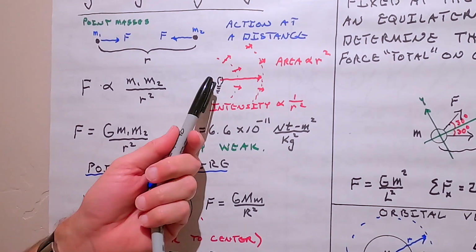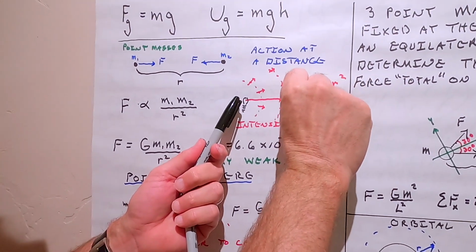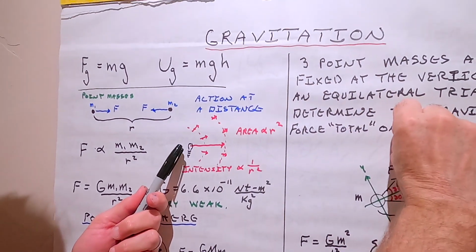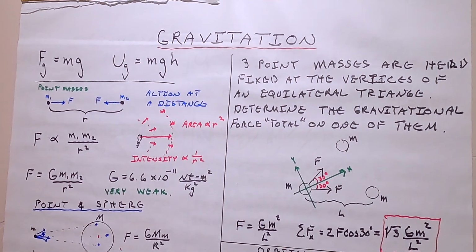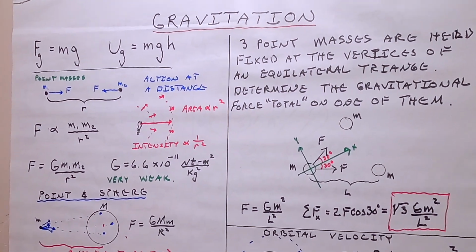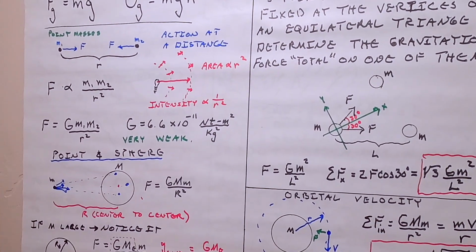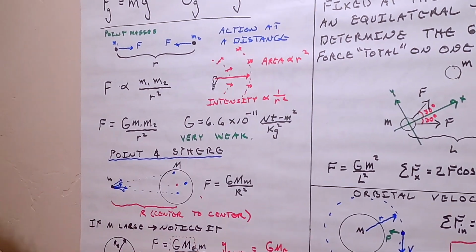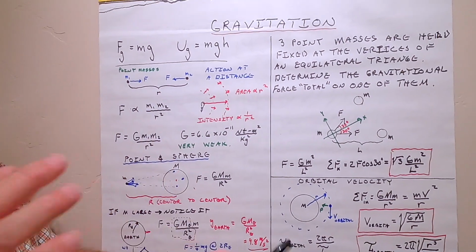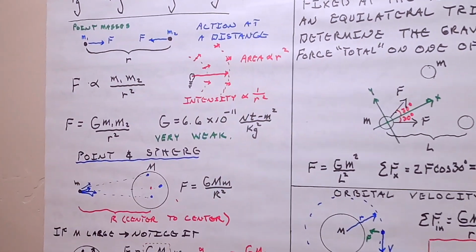So if this were a radioactive source and you could put a Geiger counter right there, if you doubled the distance, the clicking rate would be 1/4 the rate right there. Anything that emanates out in 3 dimensions is going to be 1 over r squared.